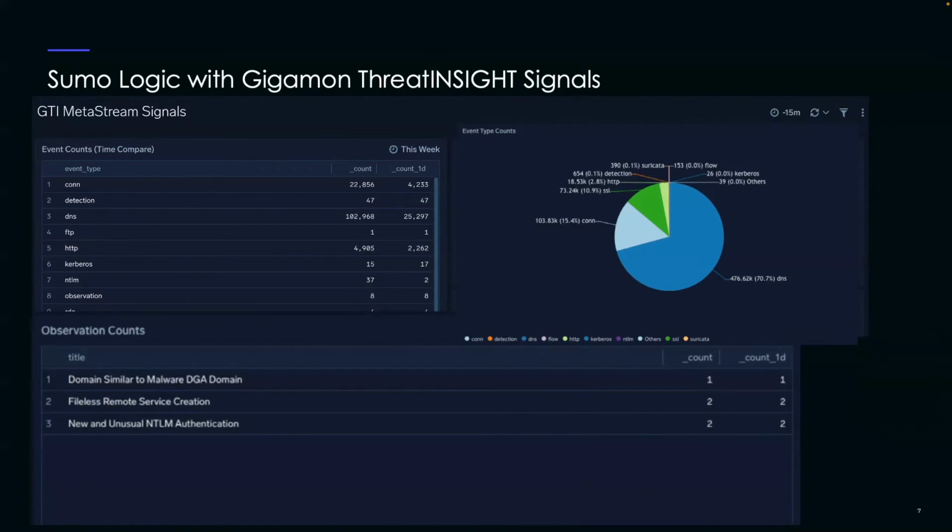And now a new login has occurred, and this is something that I need to look at further, right? Other things like fileless remote service creation, like what if a service was created without any files, and maybe a memory-based attack or something that happened in a container environment, right?